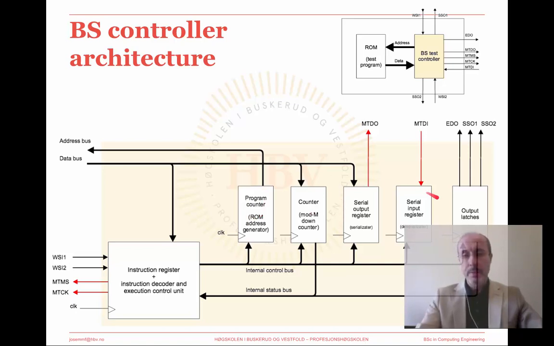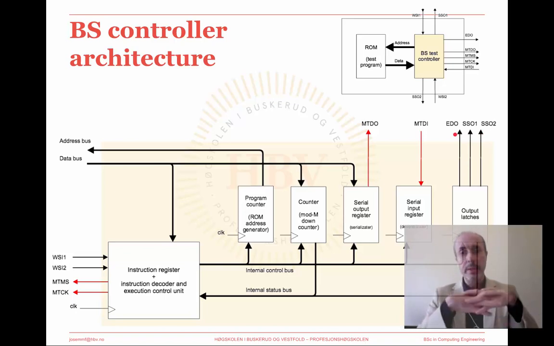And of course the specific registers that are needed by our instruction set. In this case we will need a modulus counter to count the required number of test clock cycles, and two serial registers to handle the serialization and deserialization tasks for the scan path. And finally, a latch to handle the synchronism and error detection outputs.